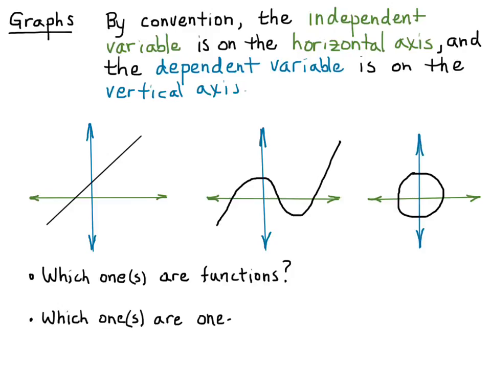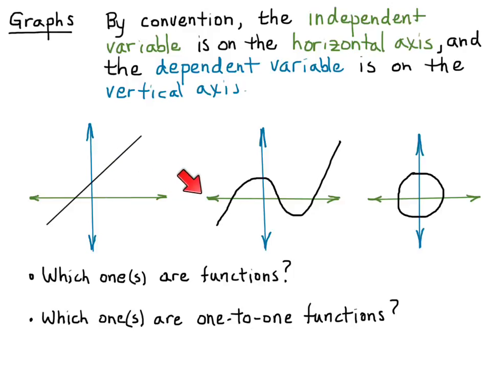Now, which ones are one-to-one? That means that there's exactly one value of y for any value of x, and there's exactly one value of x for any given value of y. In this case, the first one would be one-to-one, because if I chose a y, there's only one x value associated with it.